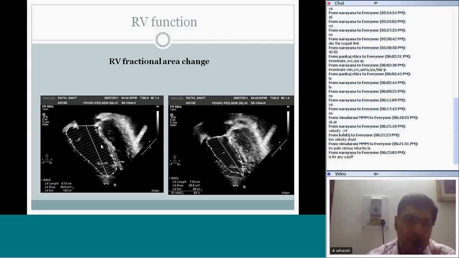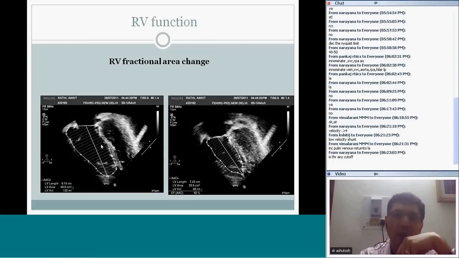These are two methods for looking at RV function that we tend to follow in our institution. Similar to what we do for the left ventricle, we try and do it for the RV, fractional area change. This is probably not 100%, but you can follow a patient serially.